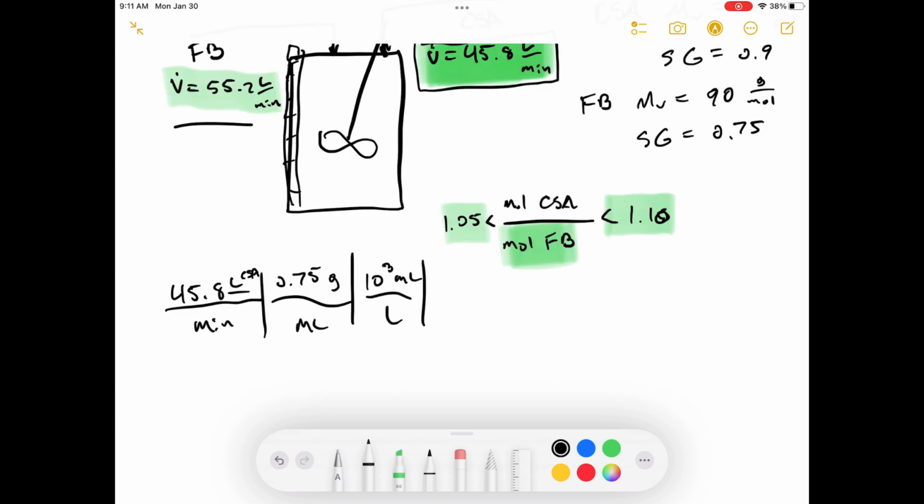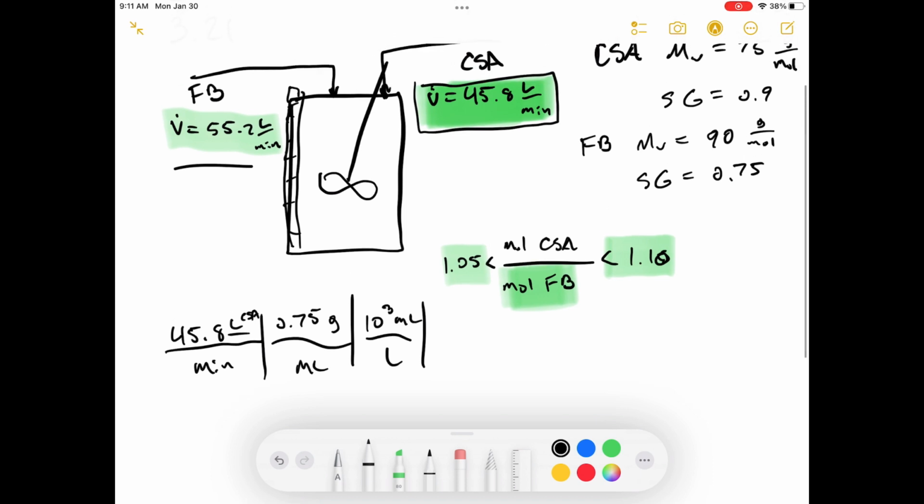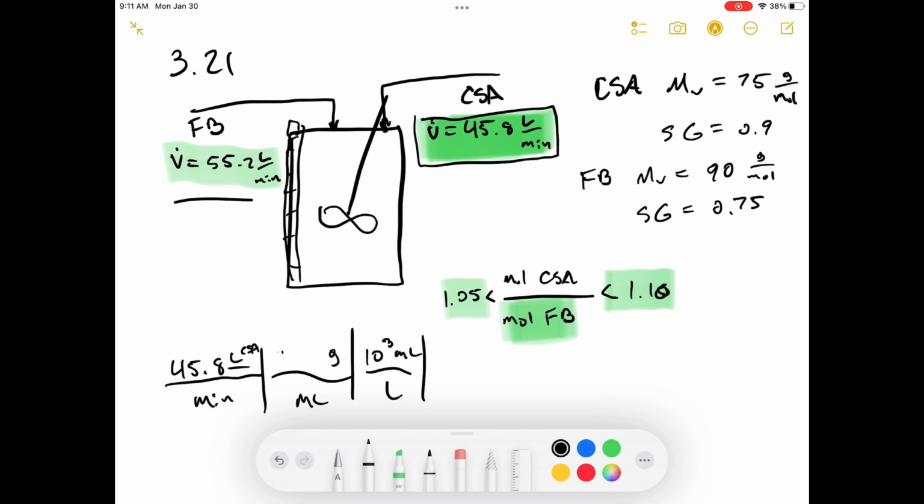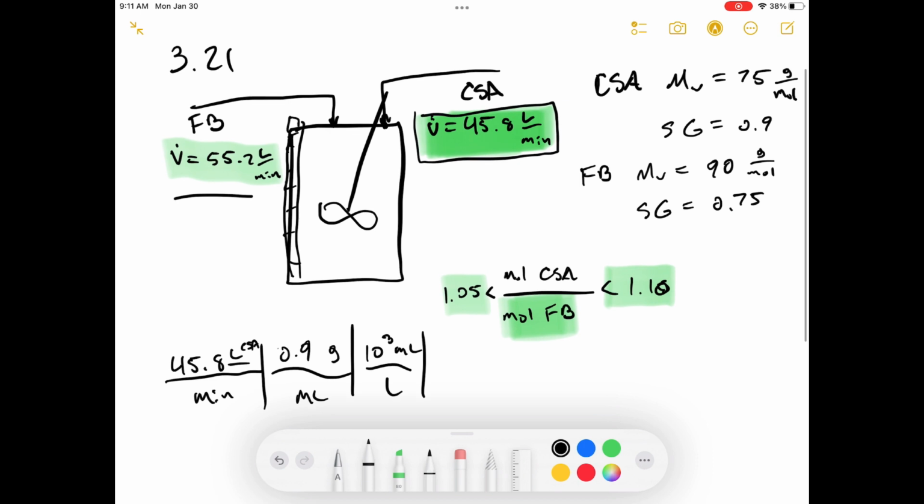So now we're in grams per minute, and we need to turn it into moles. Oops, had the wrong thing there. We're in CSA, so 0.9, there we go. And now we're in 75 grams per mole. Okay, so now we have moles of CSA.